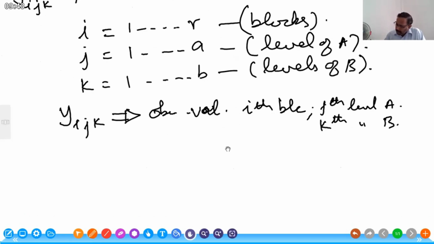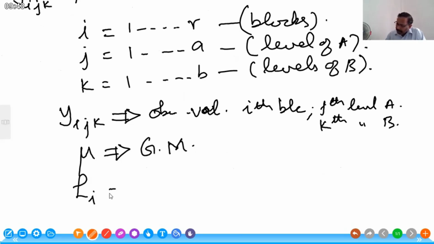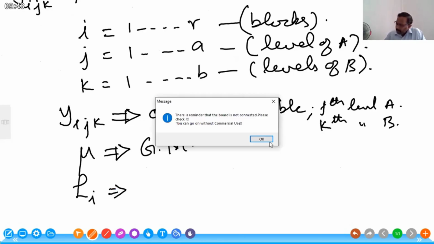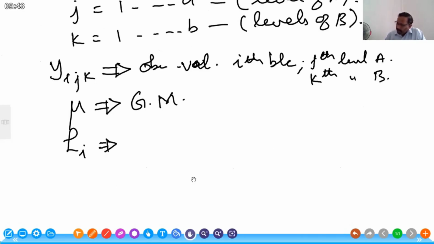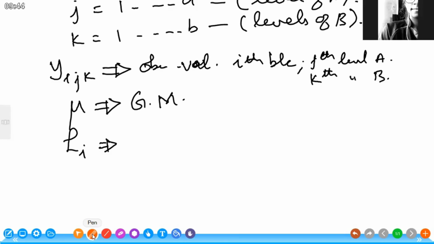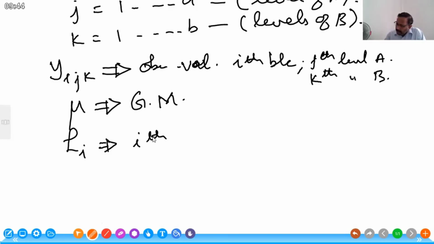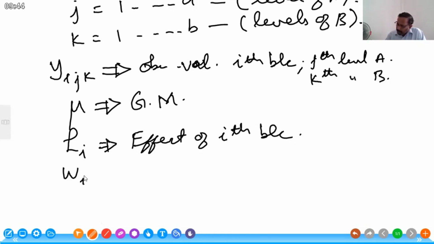Right. What is mu? Everybody knows grand mean. What is tau_i then? I have already defined what is i. What is tau_i? Effect of the block. Yeah, it is the effect of the ith block. What about w_ij then?